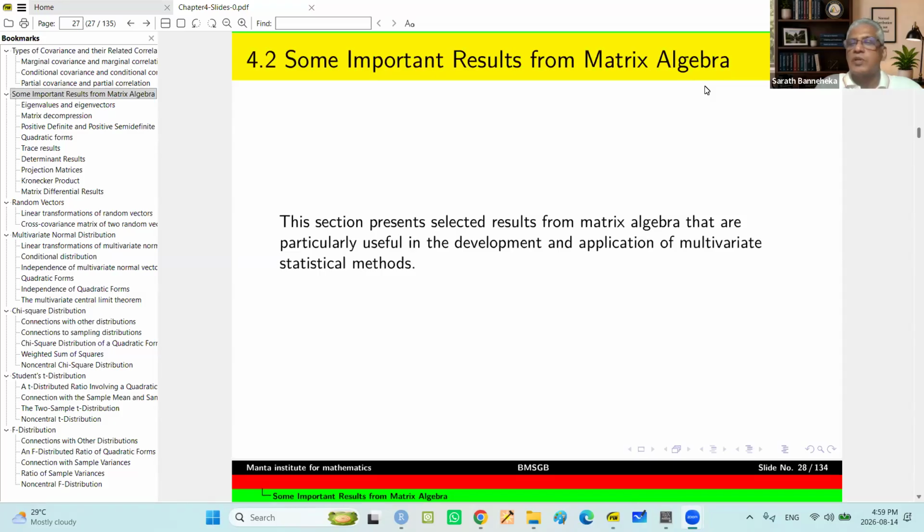So all these things will be included, especially some of the important results under these topics, which will be commonly used in multivariate statistical methods. In particular, some of these results will be used in our chapter 4, first distribution topic, multivariate normal distribution.